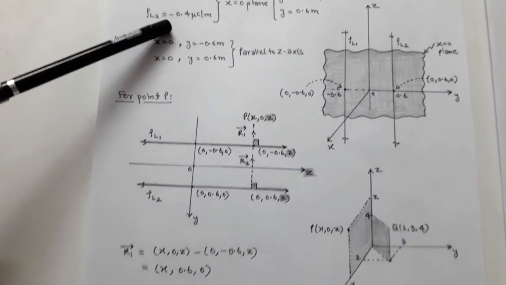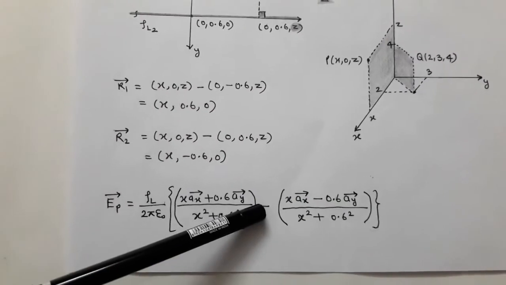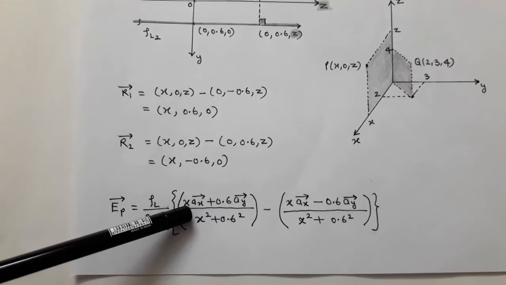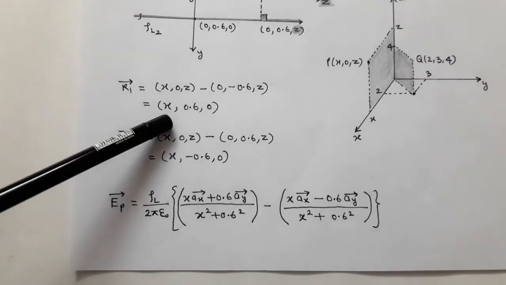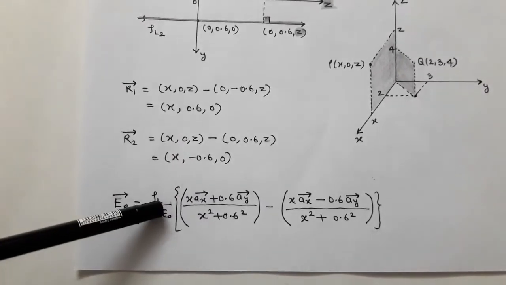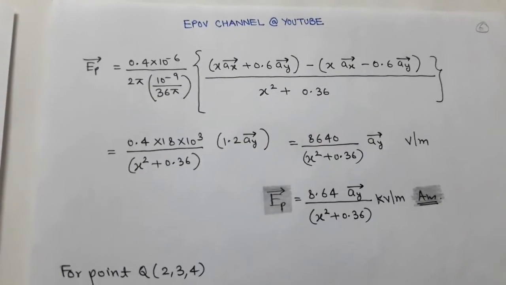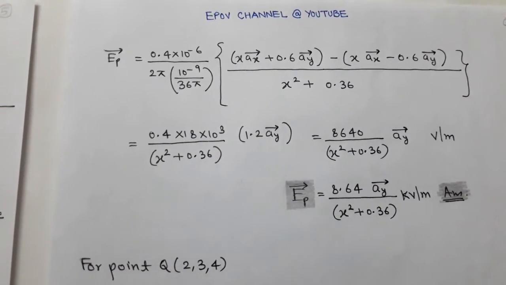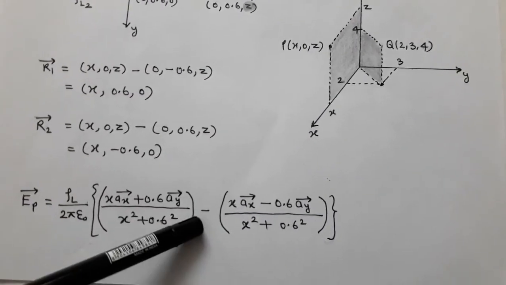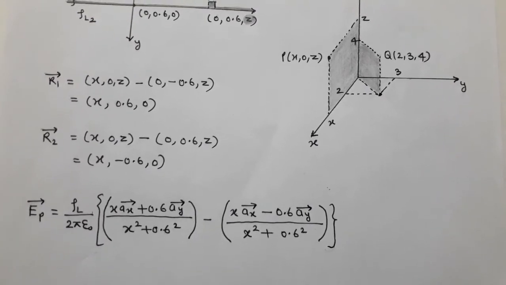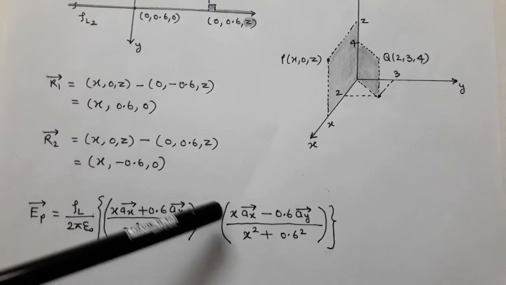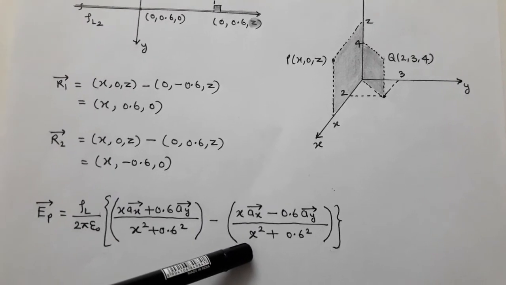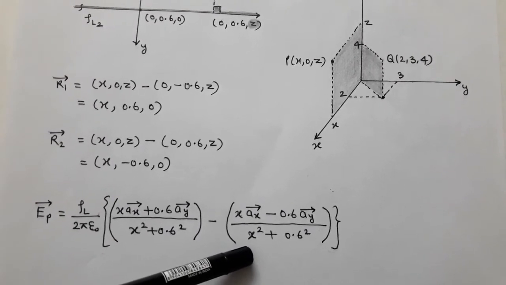So R1 is the vector with respect to rho L1, and rho L1 is 0.4 microcoulomb per meter. The R1 vector is x unit vector x plus 0.6 unit vector y, and its magnitude square is x square plus 0.6 square. Minus, because here the rho L2 value is minus 0.4, and the R2 vector is x unit vector x minus 0.6 unit vector y upon its magnitude square, that is x square plus 0.6 square.